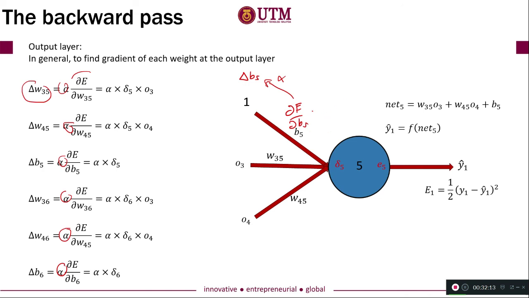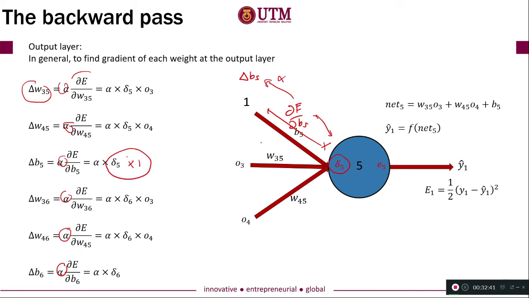You simply multiply delta 5 with 1. So that's how you get this one, multiplied with 1.